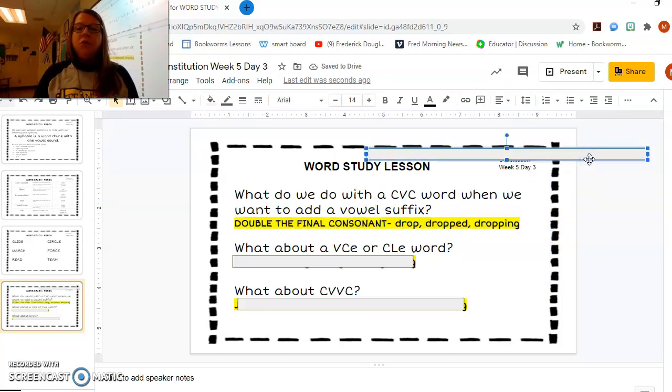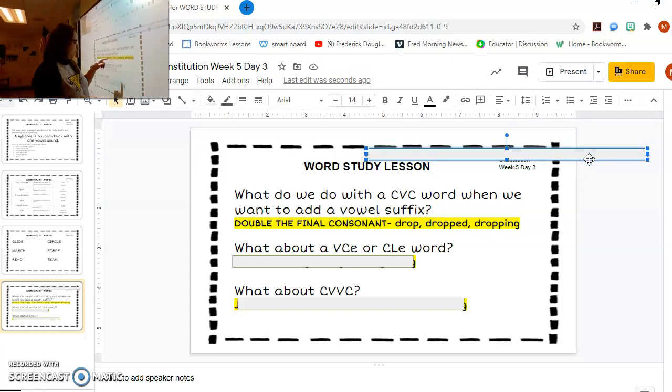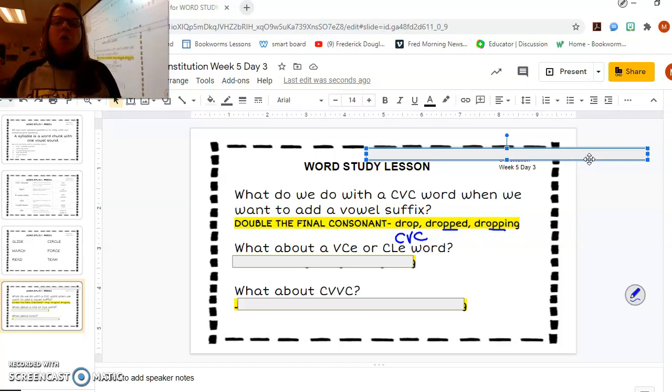We have to make sure we double the final consonant. So if I have the word drop, that is a CVC word, I have to remember about doubling the final consonant. So drop, dropped, dropping, double the P.